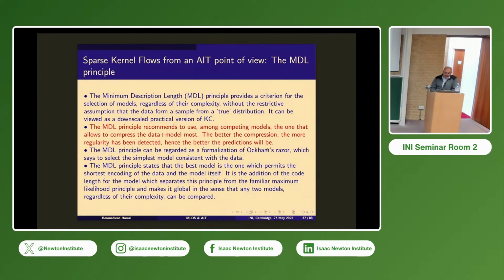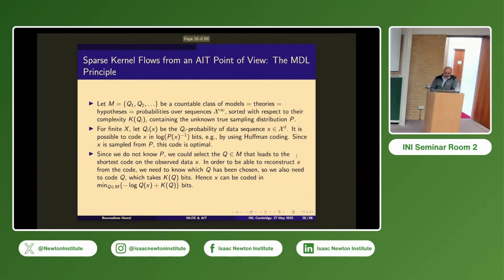It says that the best model is the one which permits the shortest encoding of the data and the model itself. It's the addition of the code length, which is based on the Kolmogorov complexity of the model, that makes it different from the familiar maximum likelihood principle.